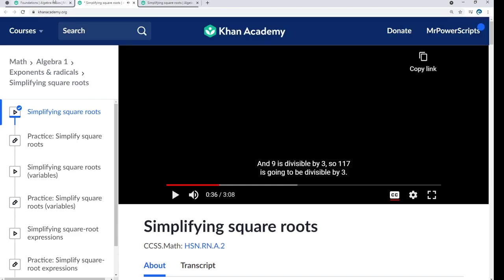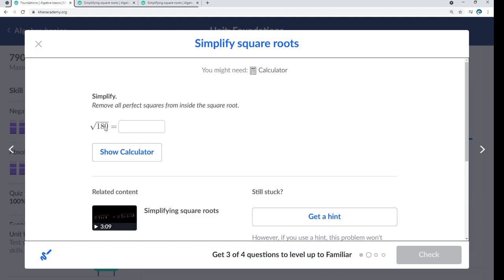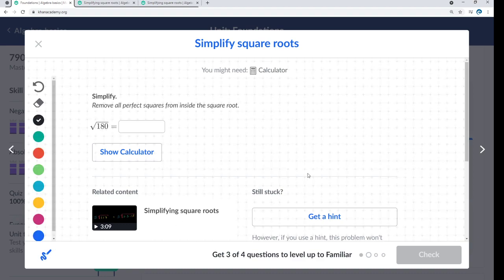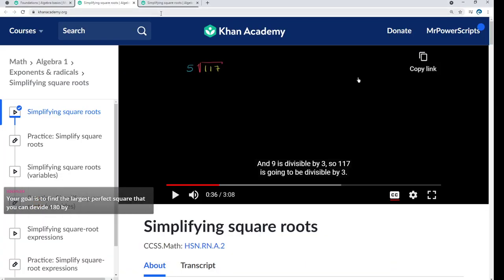Okay, so they did some neat little math trick here. So it is divisible by 2. So 180 divided by 2, I don't know, 180 divided by 2 is 90. Yeah, but why was that important?